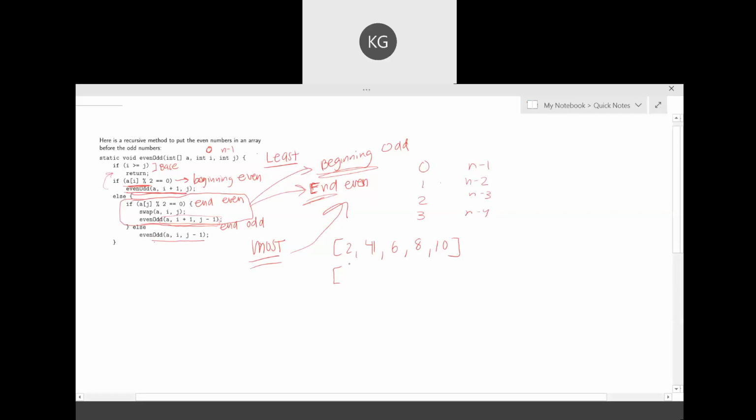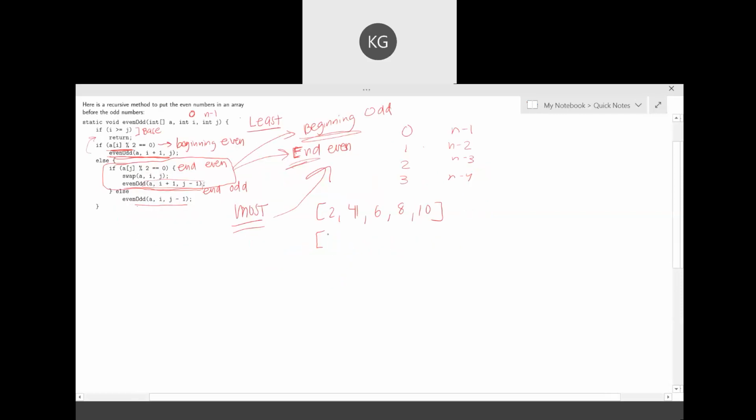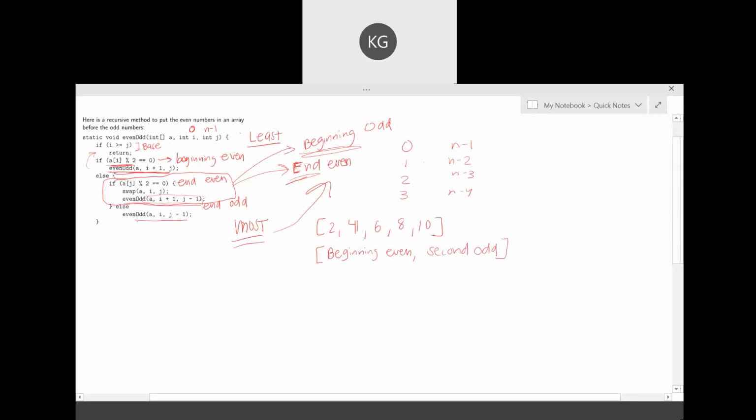Basically the opposite. If we had the beginning even and the second half odd, then what would happen?